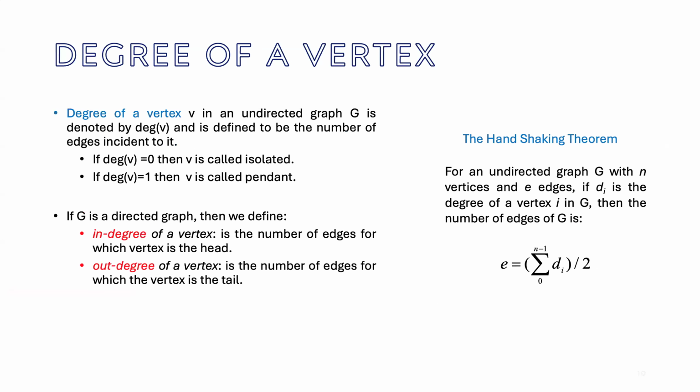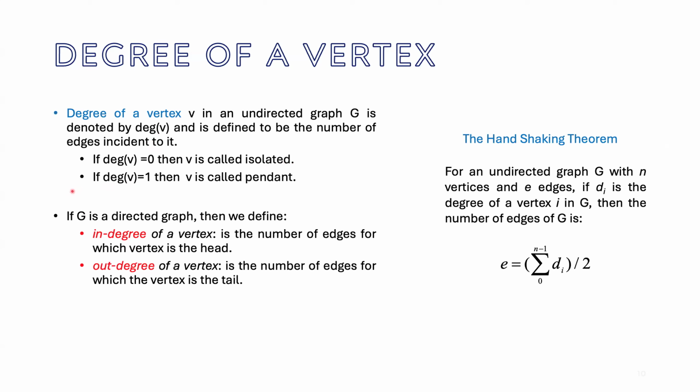And now let's look at the degree of a vertex. The degree of a vertex V in an undirected graph G is denoted by deg(V) and is defined to be the number of edges incident to it. If the degree of V is 0, then we call V isolated.